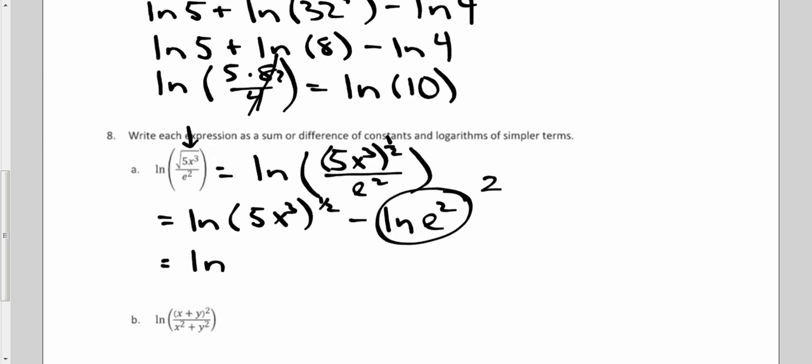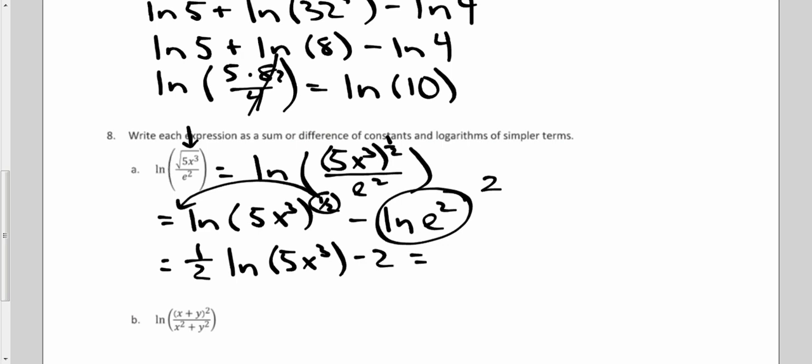All right, so I get equals natural log. Before I do that, I'm going to bring this 1/2 out here, power property, 1/2 times the natural log of 5x cubed minus 2.